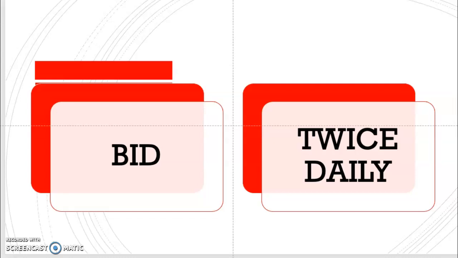Or if you're a nurse and you're giving out medication, here is an example of a medication that the nurse might have to give BID. Maybe the patient's blood pressure medication. Maybe the doctor might have an order, say, administer Lopressor 25 milligrams BID. So that means twice a day.